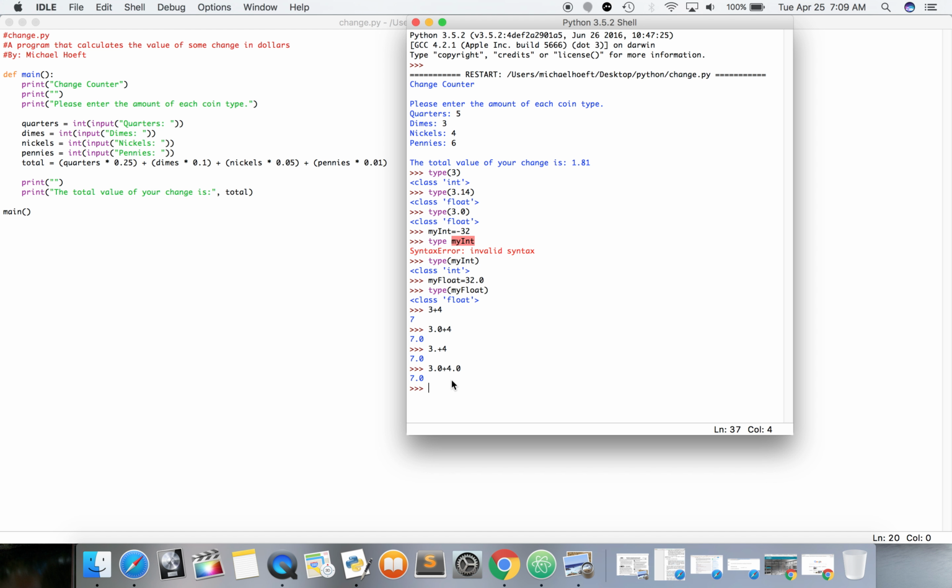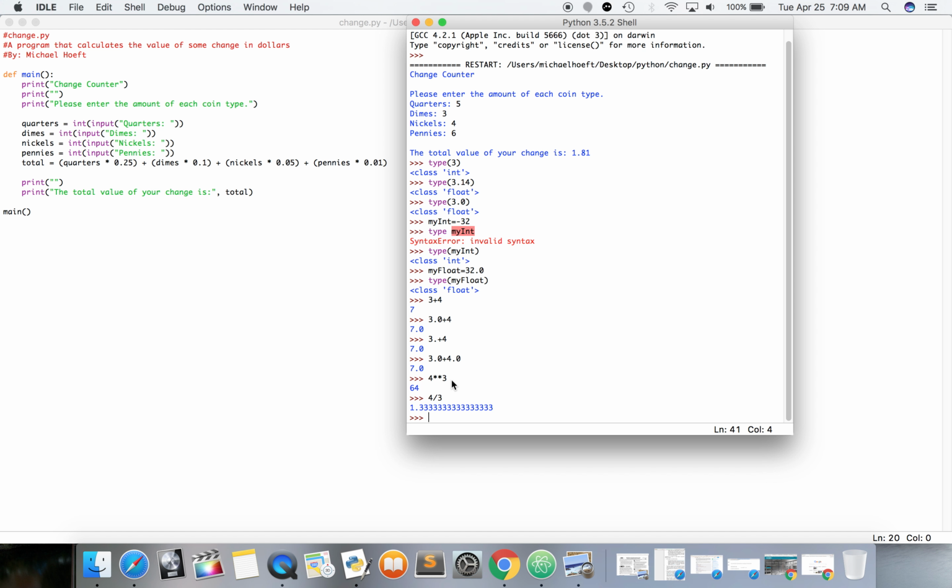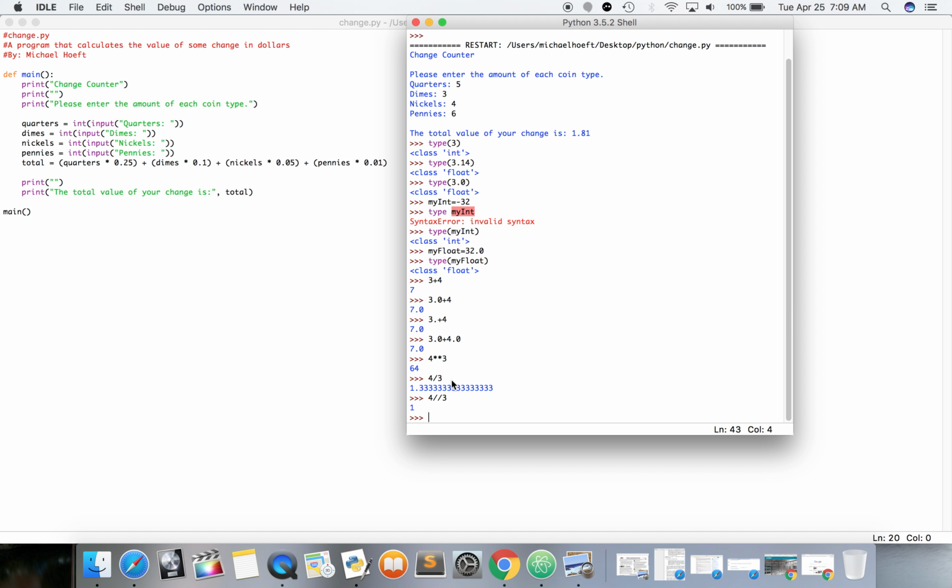I always like to do more than just what's on the page, like pages 58 and 59. Looking at these numbers and just messing around. 4 divided by 3, and then that just truncates.